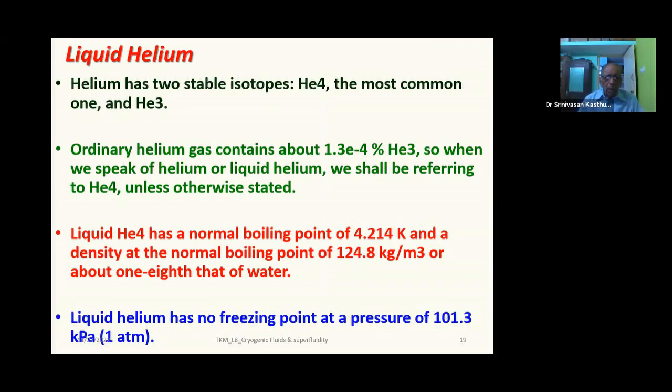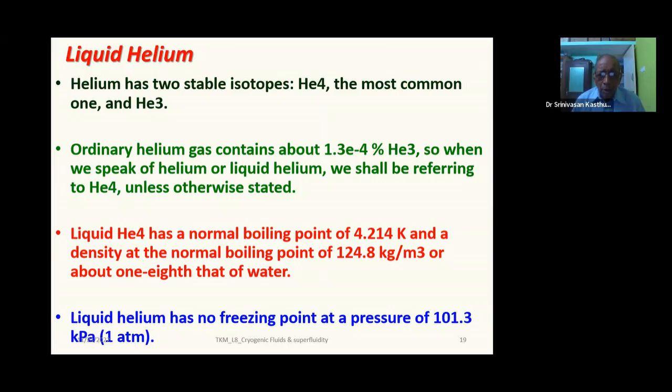Right. Now let us come to helium. Helium has two stable isotopes. One is called helium-4, which is the common stable isotope, and another one is called helium-3.